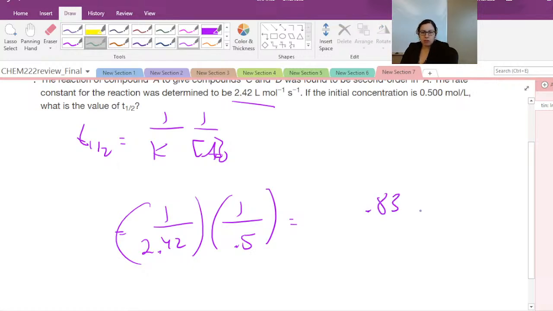So 0.83 seconds then. You could probably give it another sig fig, but yeah, something around there for that one. 8.26 will be.